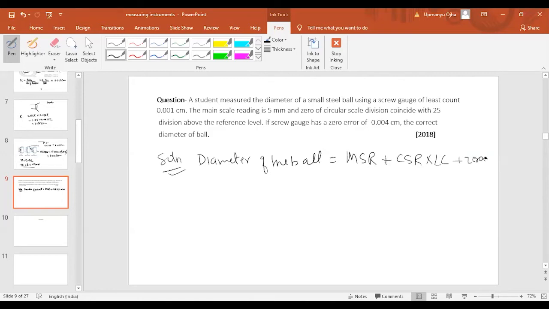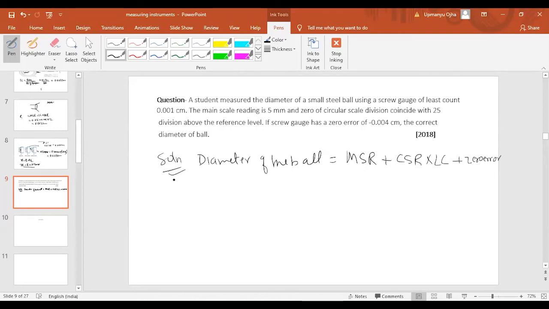Why are we adding here? Because it is a negative error. Negative errors are always added and positive errors are always subtracted. So that is the exact diameter. Diameter of the ball will be equal to main scale reading plus circular scale reading into least count plus zero error. Why are we adding here? Because it is a negative zero error.